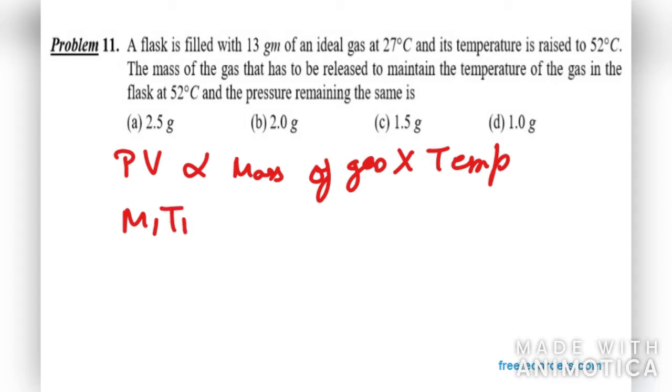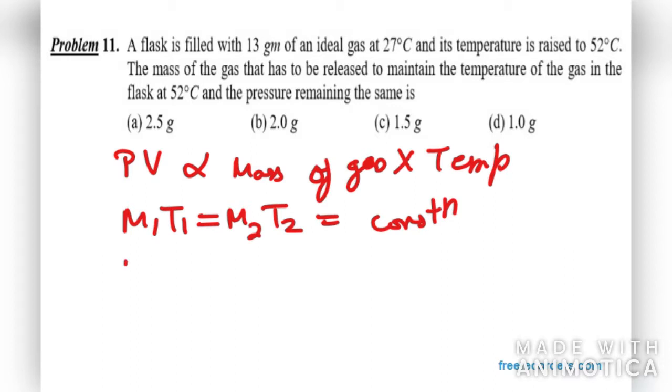So we can write m1 T1 equal to m2 T2, which is constant here. Now we need to find the mass of the second gas.